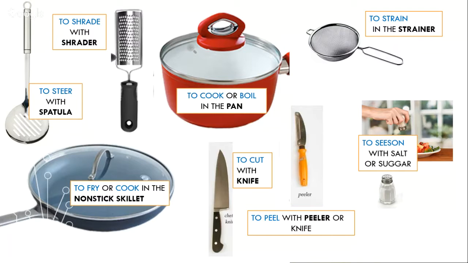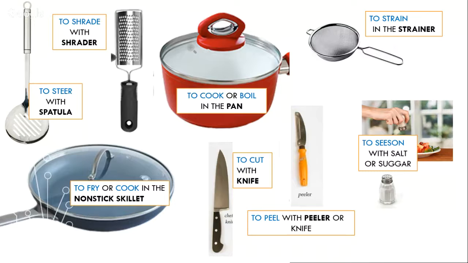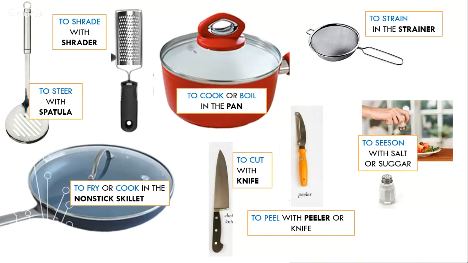The strainer is colador, and to strain, I think you know what it is. Colar. That's it. And finally, to season with salt or sugar. Do you know what is to season? Sazonar. Very good. That's right.